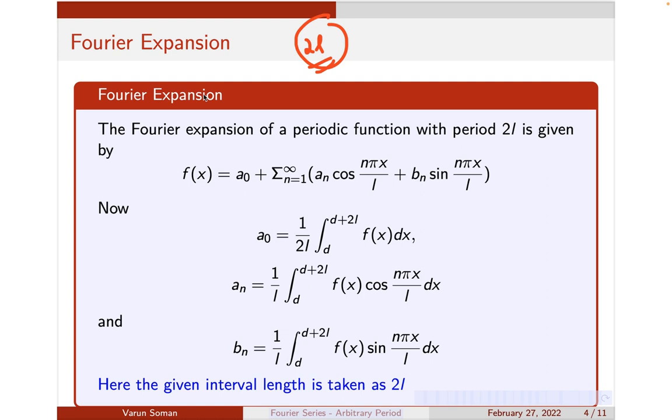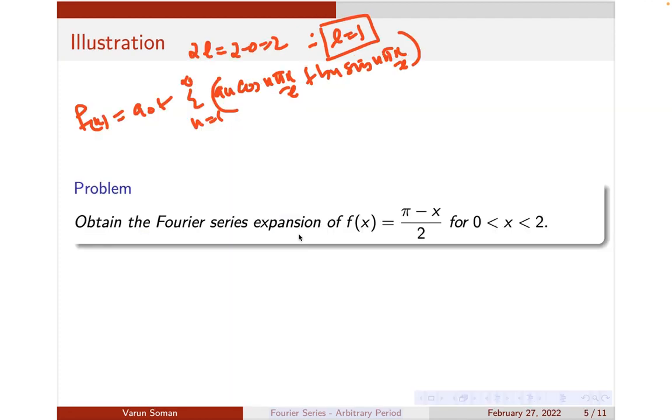If you take a0 by 2, accordingly your a0 will become 1 by L. Ultimately everything is the same, so be careful which formula or textbook you are using. You can use either formula, but you have to change the formula of a0 accordingly.